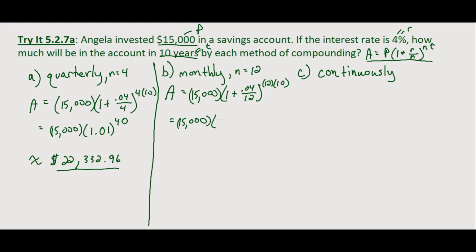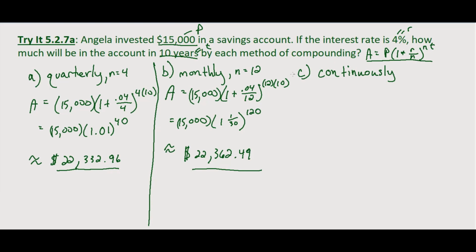So this is going to be times 1 and 1/30th, to the power of 12 times 10, which is 120. If we take 1 plus 1 divided by 30 to the 120th power and multiply that by 15,000, we get approximately $22,362.49. If you notice, those are pretty close.